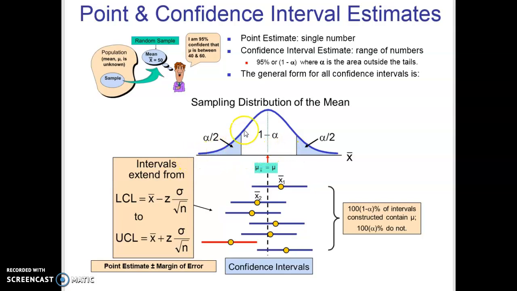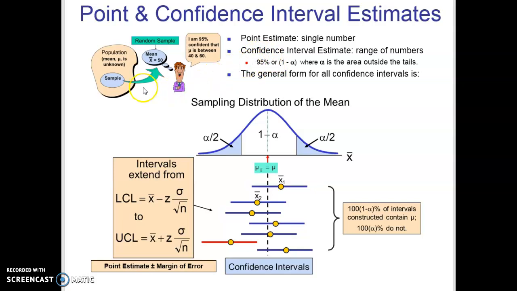Remember, the whole area under the bell curve must sum to 100. So once you establish that this area here is 95%, 1 minus 5%, then you automatically establish what these areas are. So what this will allow us to do is set the confidence level and then find the range of values that this 95% interval represents.